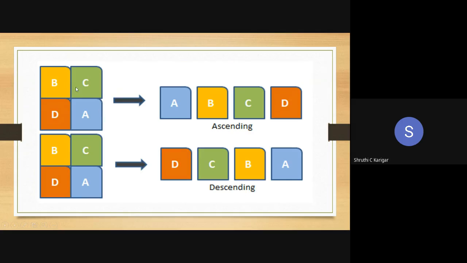Okay, so these are the alphabets I have, and I want to arrange them in ascending order. Ascending order means smallest to largest. You can take any numbers or alphabets or anything. If you want to arrange based on ascending and descending, ascending means smallest to largest.